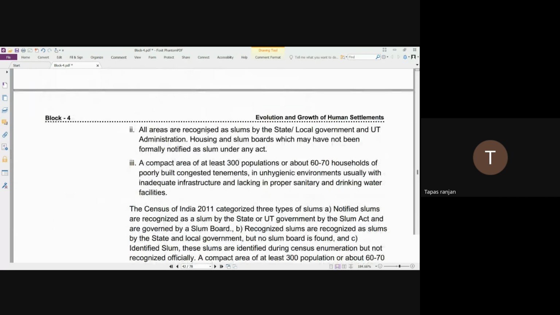Then all areas recognized as slum by state or local government or UT administration, where the housing and slum boards may not have formally notified them as slum under any act.